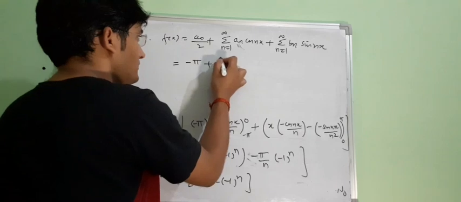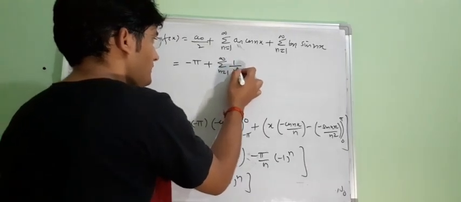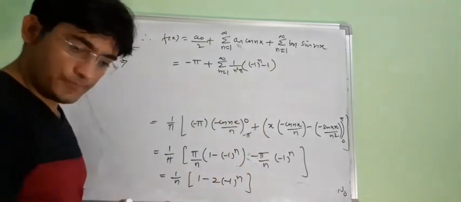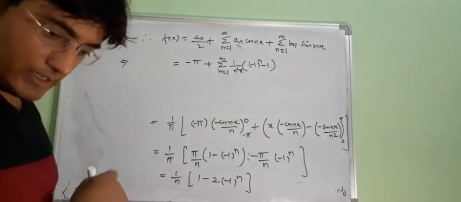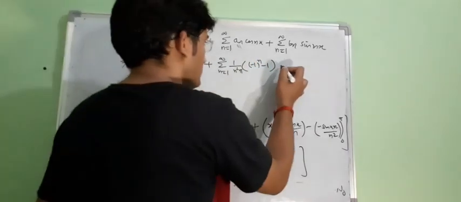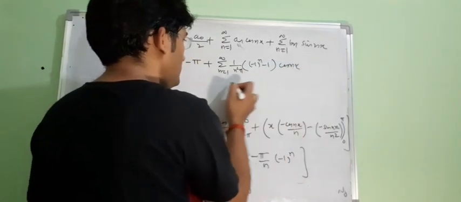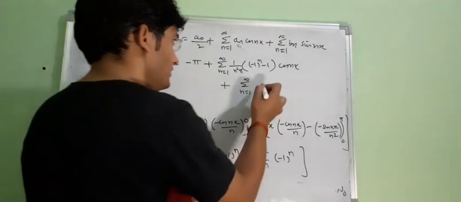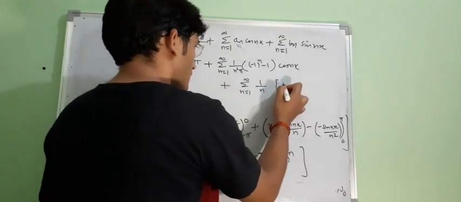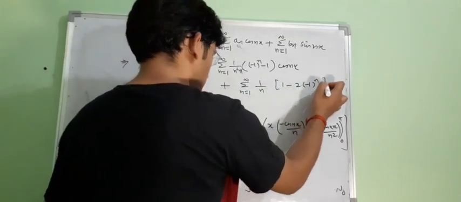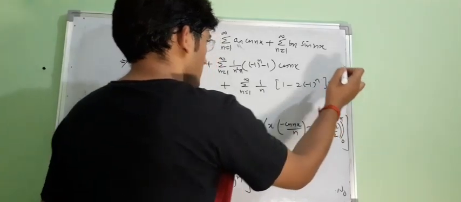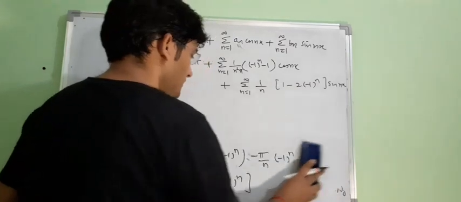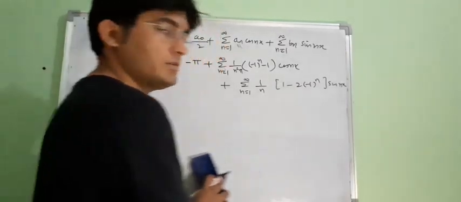Now an is 1 upon n square pi, minus 1 power n minus 1. This was my an. And our bn is 1 upon n, 1 minus 2 minus 1 power n, sin nx. So this will be the Fourier series expansion of the function f(x).